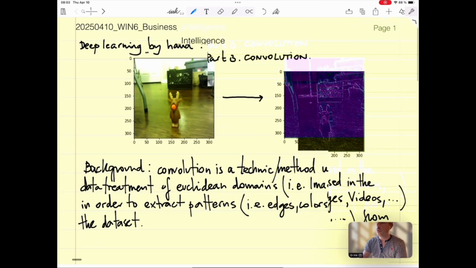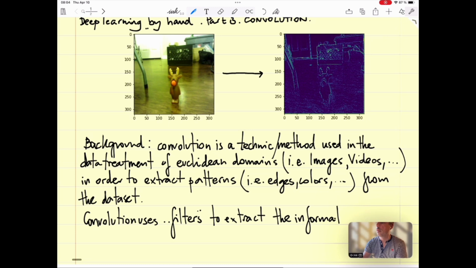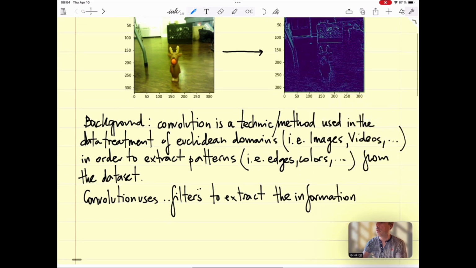So convolution uses filters to extract the information, or patterns, we can also say to extract the patterns.